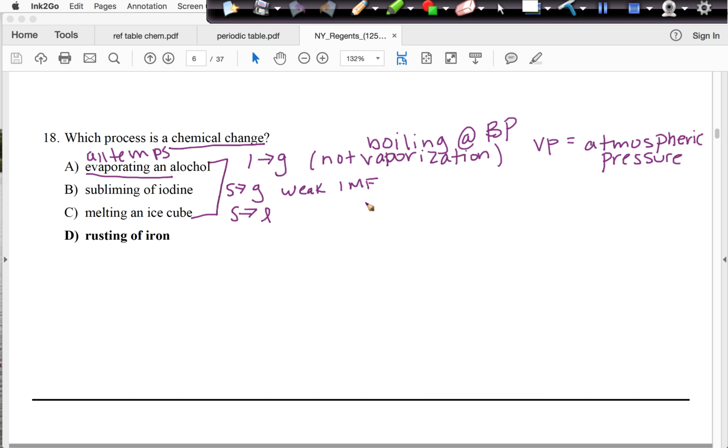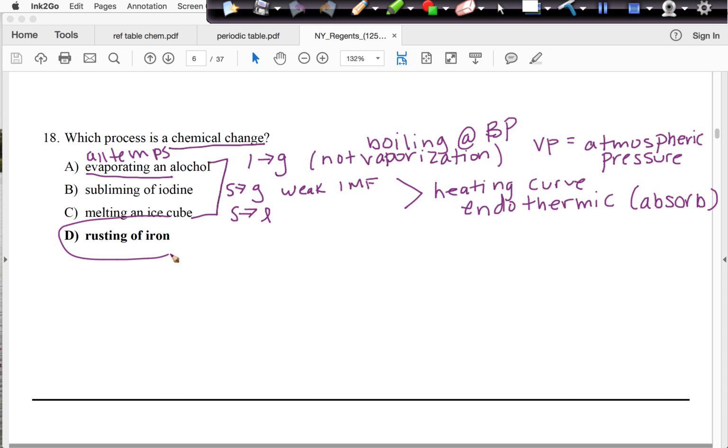Liquid to gas and solid to liquid are all on the heating curve and are all endothermic phase changes, which means they absorb energy. Rusting, on the other hand, is actually making a whole new substance. Rusting of iron is iron combining with oxygen in the air to make an iron and oxygen compound.